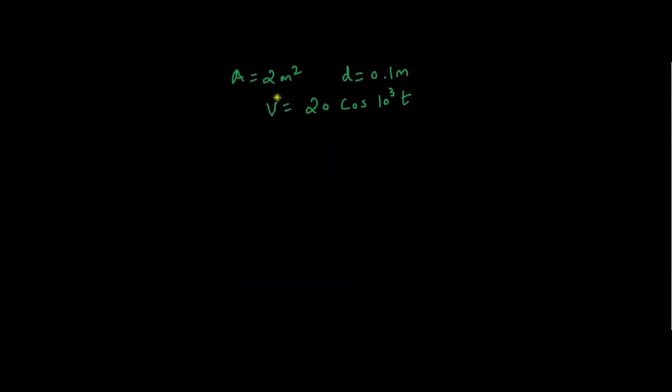So in the given example, we have considered a parallel plate capacitor with area 2 meter square and distance between the parallel plates 0.1 meter, and we have applied a voltage of 20 cos 10 cube t. So let's find the current through the capacitor in a usual fashion. We have I is equal to C dV by dt, where C is equal to epsilon naught A by d.